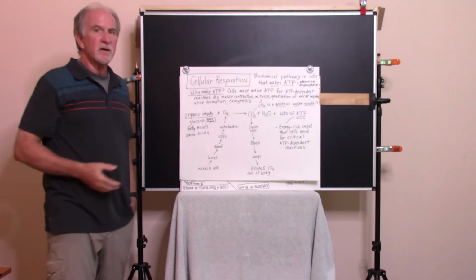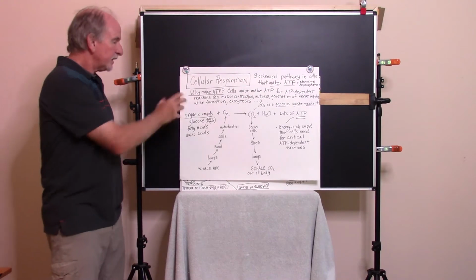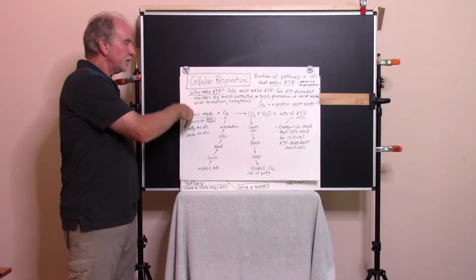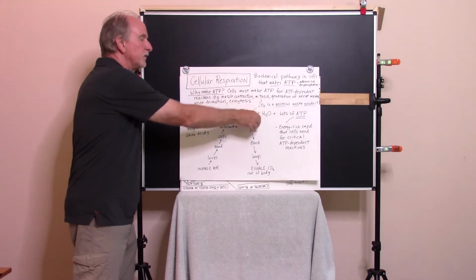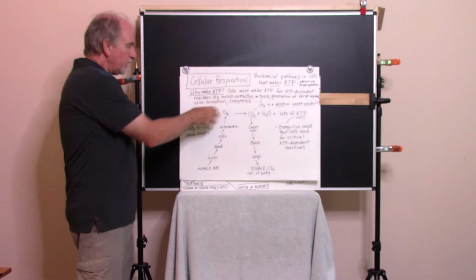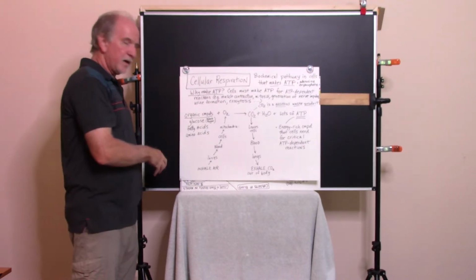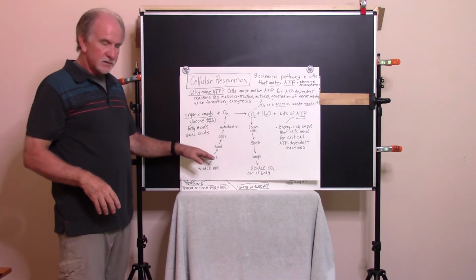There's a few other organic compounds that can participate in cellular respiration. So an organic compound like glucose reacts with oxygen and generates carbon dioxide and water as the products of this reaction. The oxygen that reacts with organic compounds comes in with the air we inhale into the lungs.